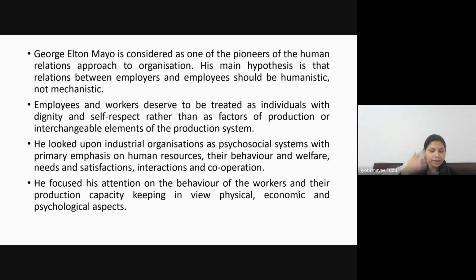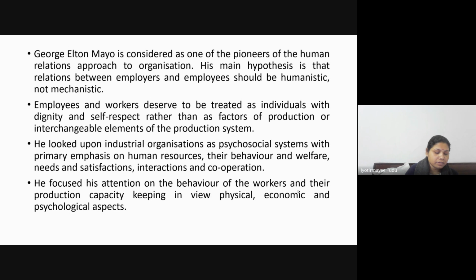So it must be there. Then he focused his attention on the behavior of the workers and their production capacity, keeping in view physical, economic, and psychological aspects.